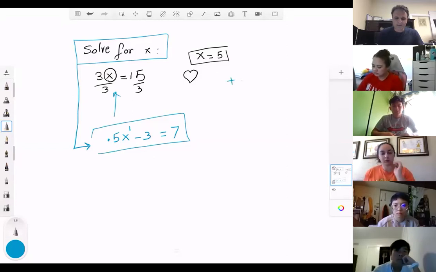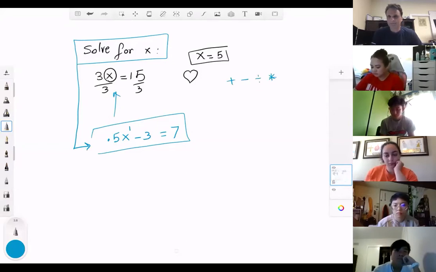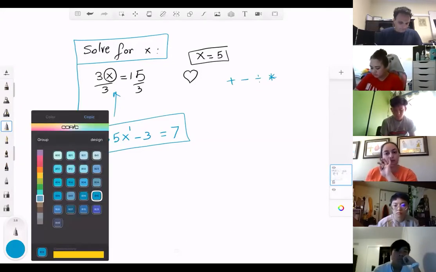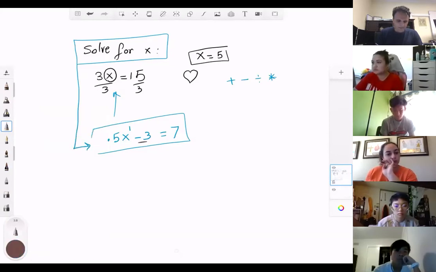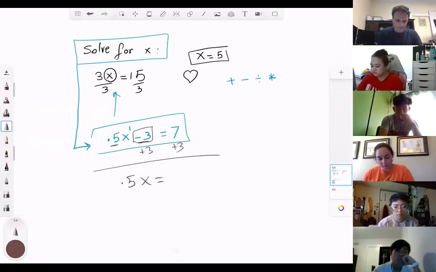Usually by adding, subtracting, dividing, and multiplication, you can have x by itself. So we have to get rid of -3, then we have to get rid of 0.5. If you don't know which one you should do first, you need to email me, and we'll make a session for you. So we add 3 to both sides. We get 0.5x equals 10. Then divide by 0.5, and x will be 10 over 0.5.